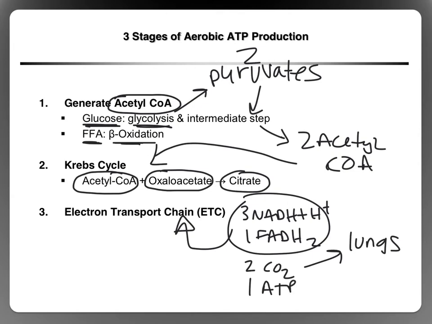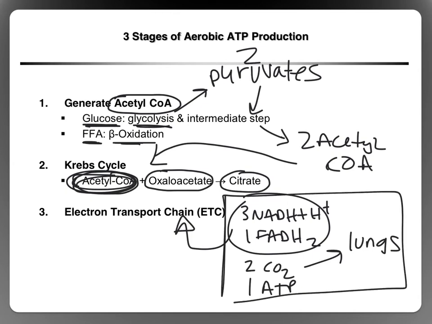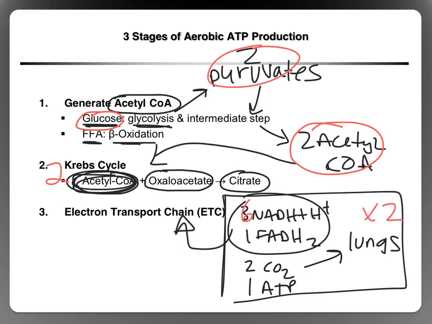So for 1 acetyl-CoA, this is what we get. But if we originated from glucose, we have 2 pyruvates, therefore we have 2 acetyl-CoAs, therefore we go through the Krebs cycle twice, therefore everything in this box is times 2. This will be 6, this will be 2, this will be 4, and this will be 2. Okay.